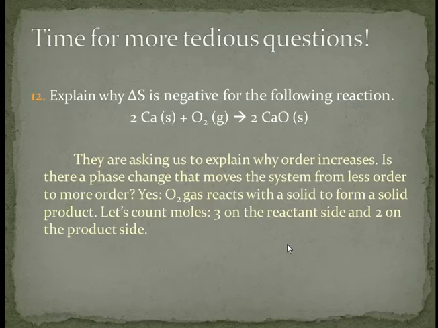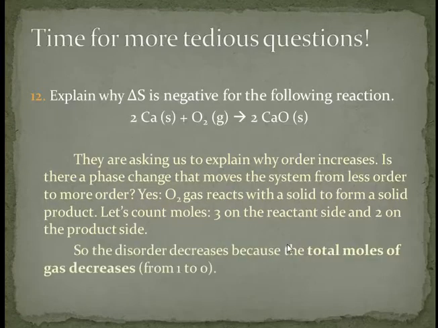The reaction going on here is taking 2 moles of solid and 1 mole of gas and changing it into just 2 moles of solid. So the answer is yes, because the amount of moles of gas, which is a highly disordered state for something to be in, is going down. Therefore, disorder is decreasing because the total moles of gas is decreasing. Or, you could also say order is increasing.